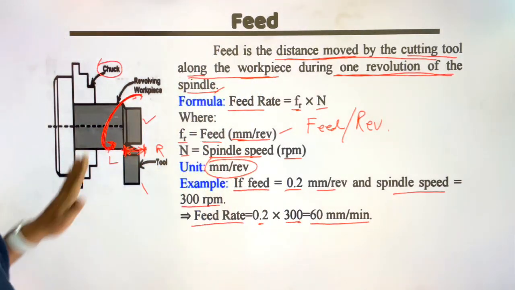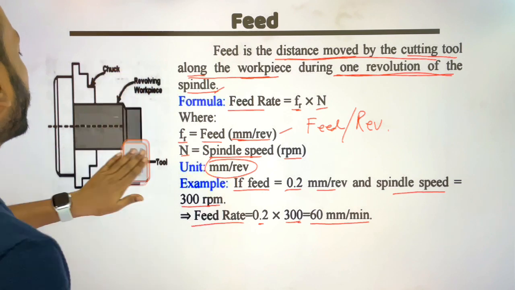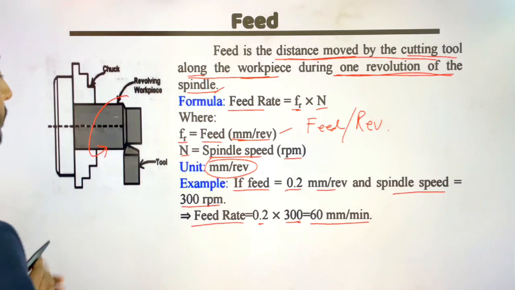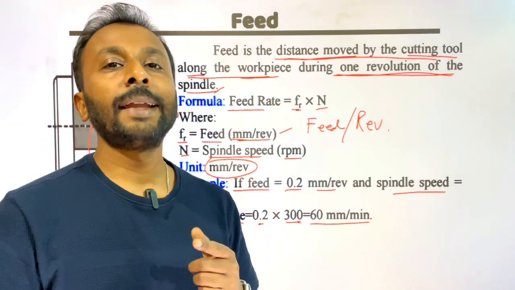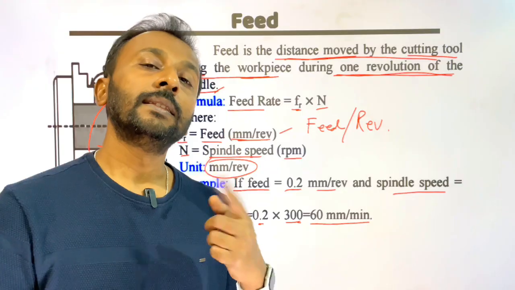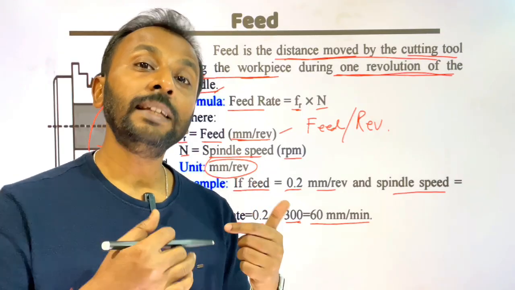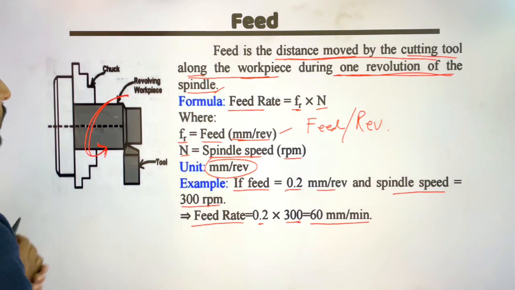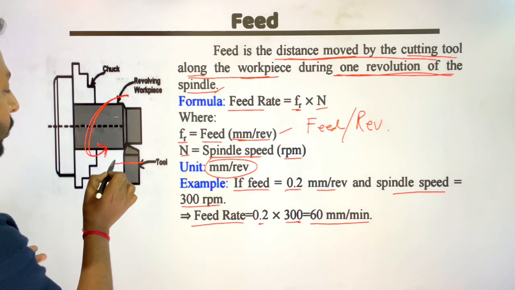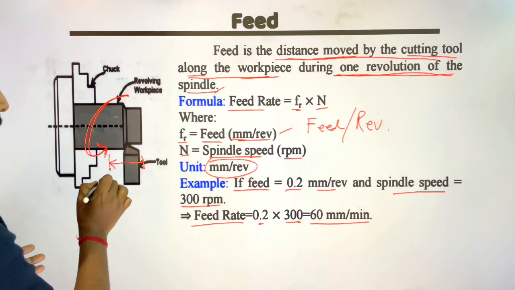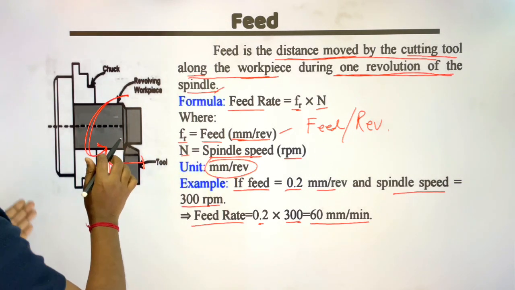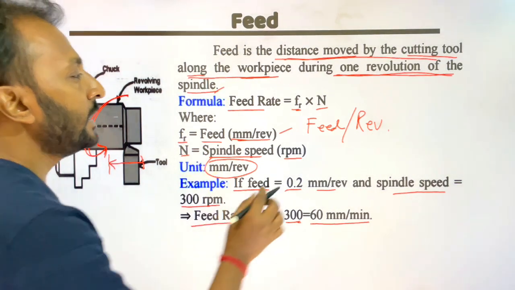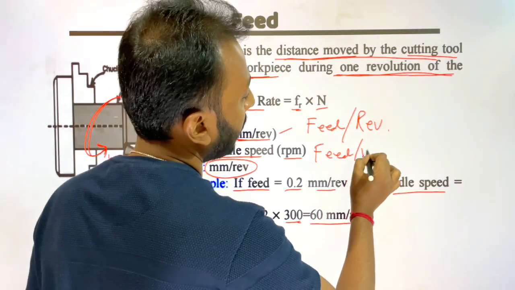Here we calculated feed per revolution, when the spindle is revolving one turn. But if we measure the distance moved by the tool while the spindle is revolving for 1 minute, with the tool moving forward, then the distance moved by the tool in that 1 minute will be the feed per minute.